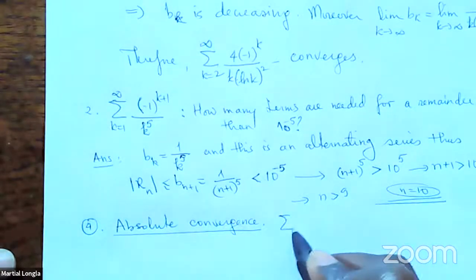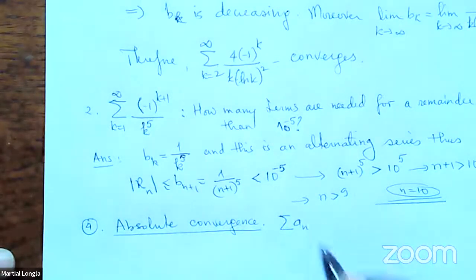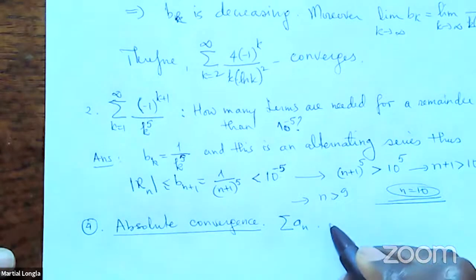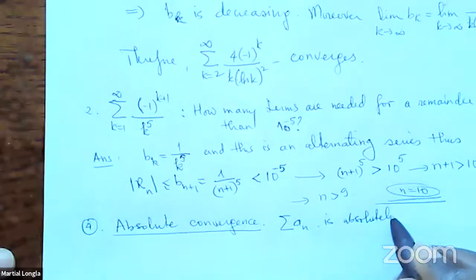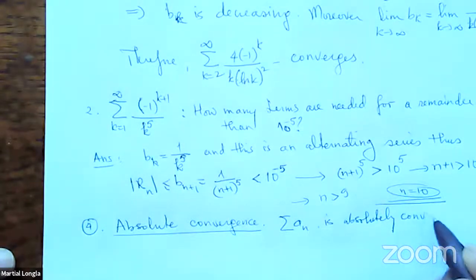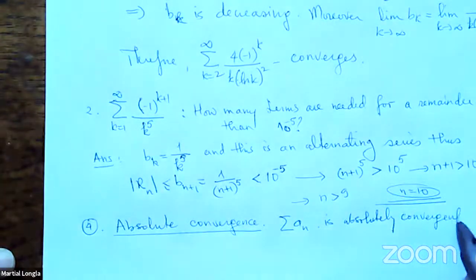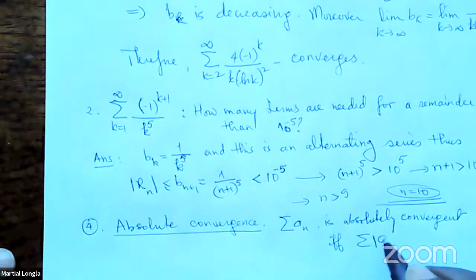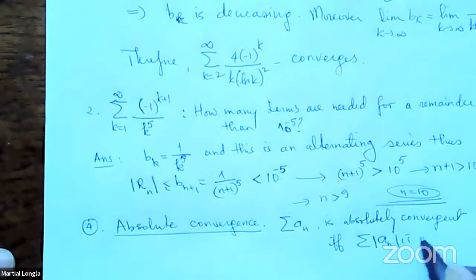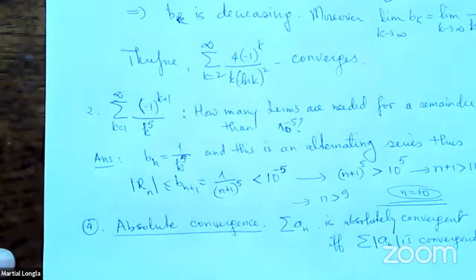You have a sum of an that is absolutely convergent if and only if the sum of the absolute value of an is convergent. That's it. And that's where the question starts.